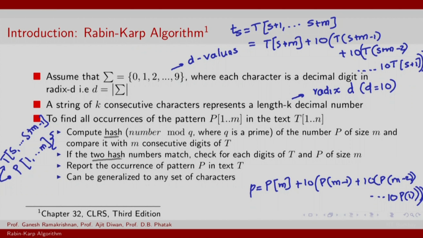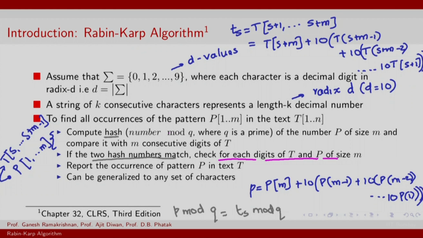Even if two hash numbers match, which means even if P mod q equals Ts mod q, it is not necessary that P and Ts are the same. So even if the two hash numbers match, you will still need to go back and check whether the digits of T and P are the same. So there is an additional overhead that one incurs for having used this hash function.